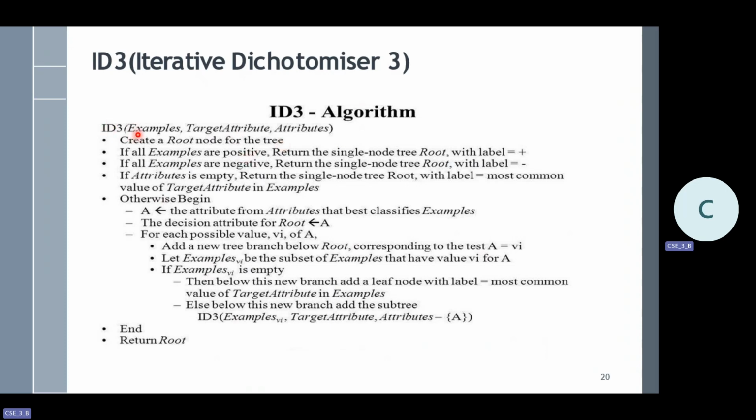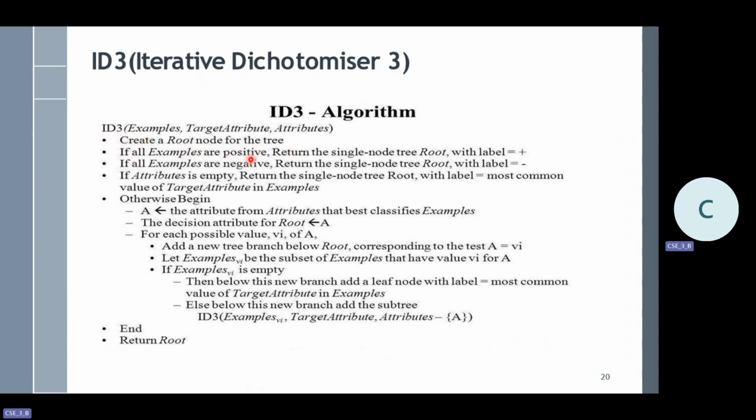ID3 is a recursive function where we pass the arguments as the examples, that is the training examples, and the target attribute, which here is a binary outcome, that is yes or no, true or false, and then all the attributes related to the training examples. First, we create a root node for the tree.